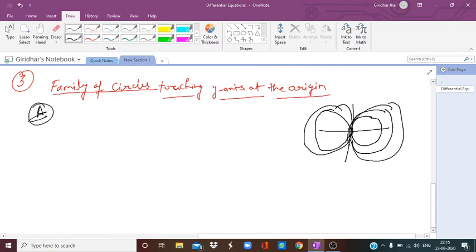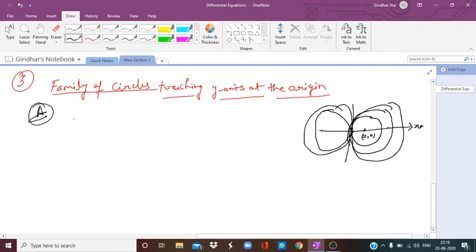Fine. So if we say this is the center, there are various circles. Let's say one of the circles, the radius will be a, and the center is lying on the x-axis, correct? So the coordinates of this center will be a comma 0. You can say h, k if you take center radius form.